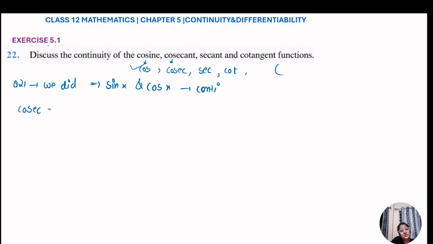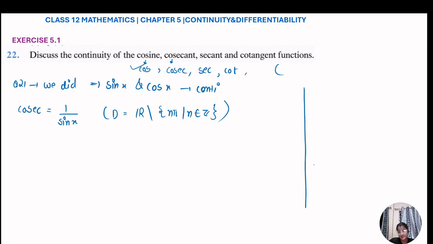As you can see, cosec is nothing but 1 upon sin x, and we know that its domain is R minus n pi, where n belongs to integers, right? Now here also we have another algebra of continuity.